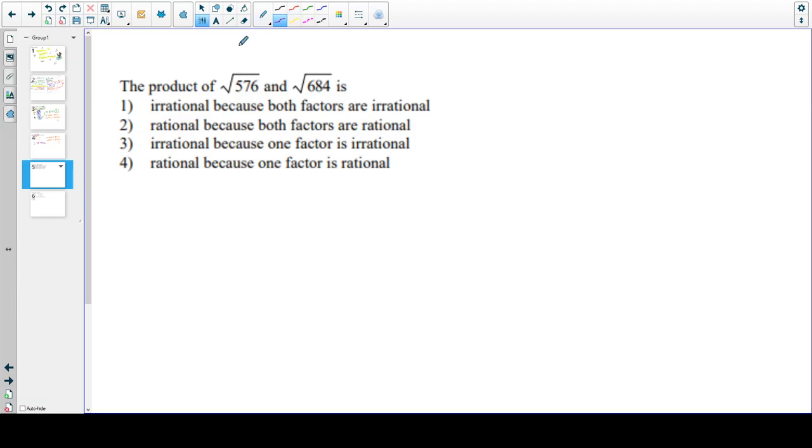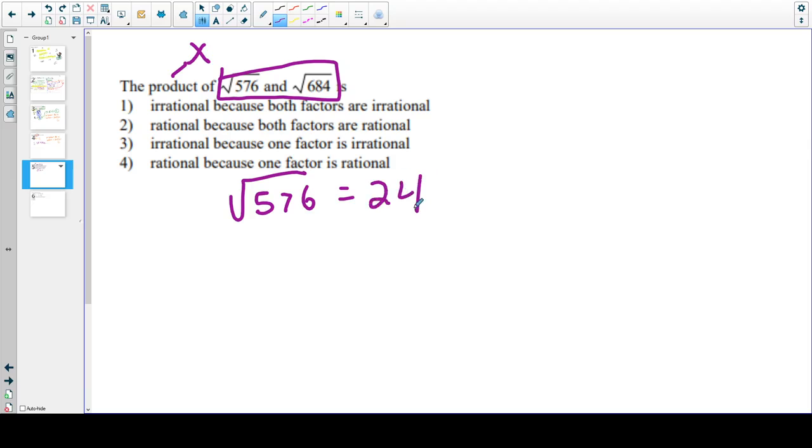The product. Remember, product means multiply. The product of the square root of 576 and 684 is... Well, why don't we figure it out before we even look at the answers? The square root of 576. Now, you might not know this, but if you put this on your calculator, the square root of 576 is 24.